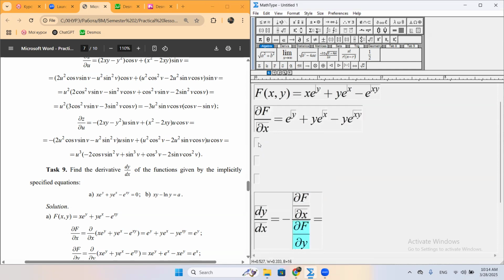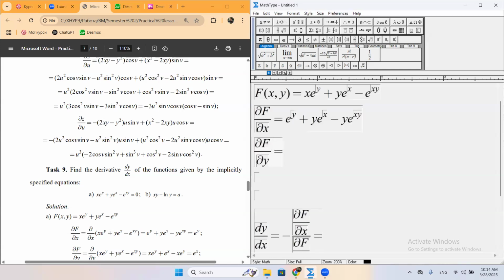And then df by dy equals x e to the power of y plus e to the power of x minus x e to the power of xy.